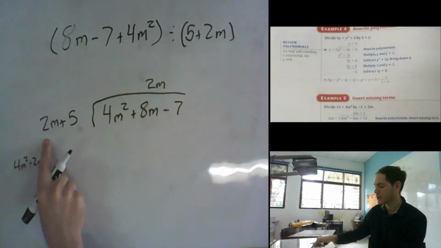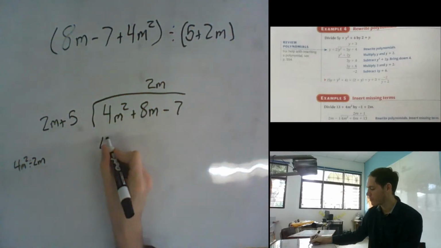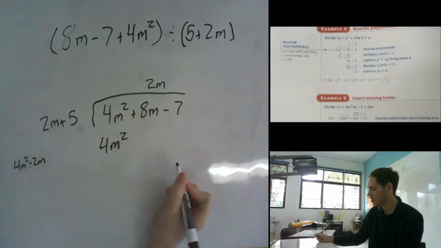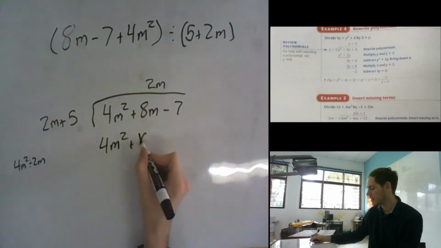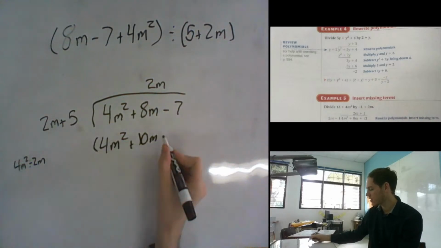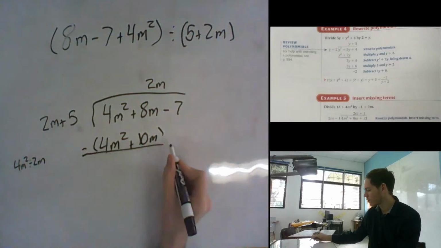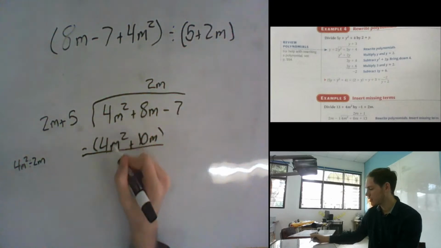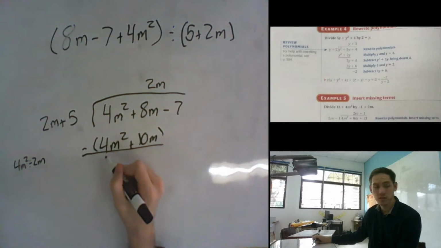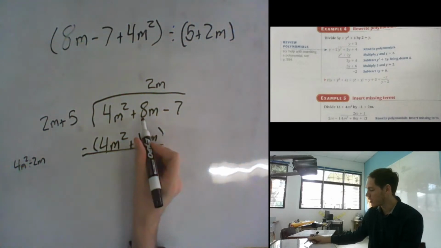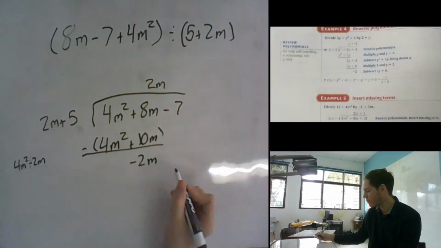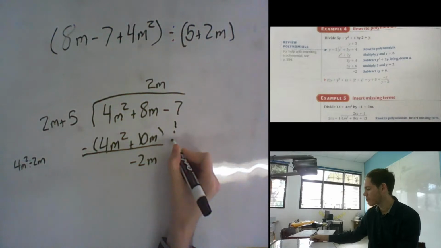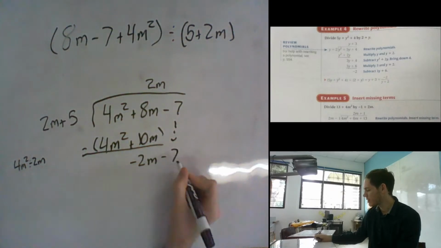So 2m times 2m is going to be 4m squared. 2m times 5 is going to be 10m. Subtract it, and you get 4m squared minus 4m squared is going to be 0. 8m minus 10m is negative 2m. And then I'm going to drop down my next term, get minus 7.